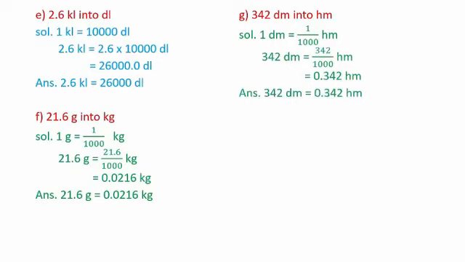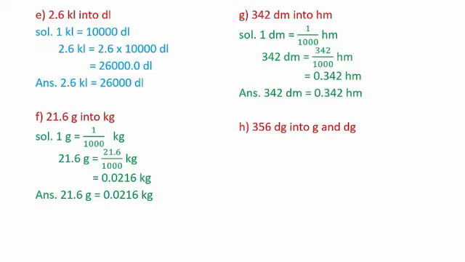So converting 342 decimeter into hectometer, we need to divide 342 by 1000. So 342 by 1000 will give you 0.342 hectometer. The answer is 342 decimeter equals 0.342 hectometer.